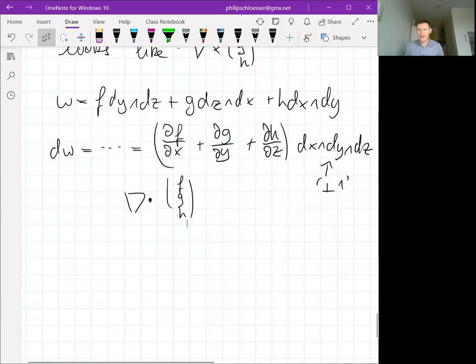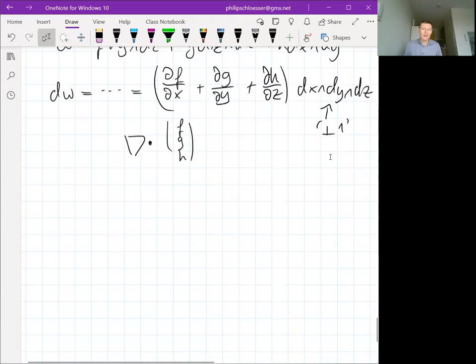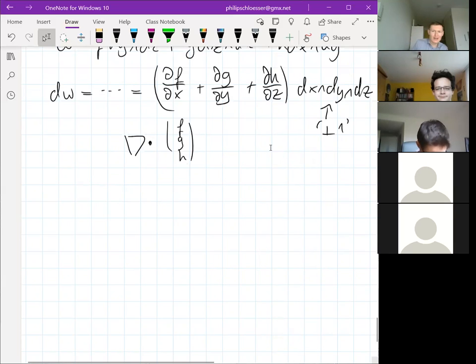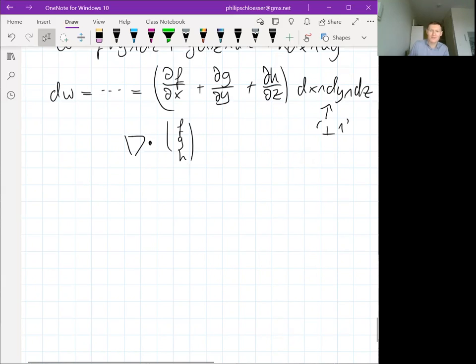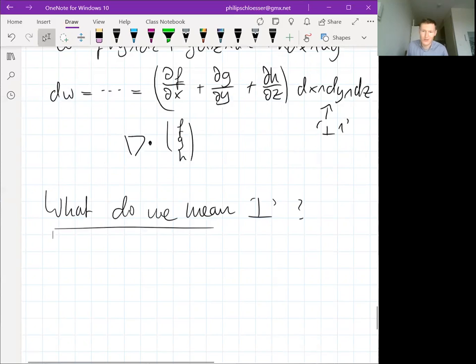So I guess this is a nice, intuitive explanation of what these things are. But what exactly do we mean by perpendicular? And, as always with notions like perpendicular, it has to do with the metric.